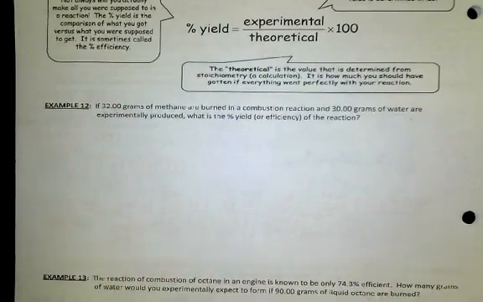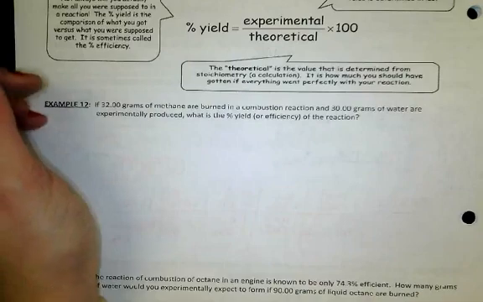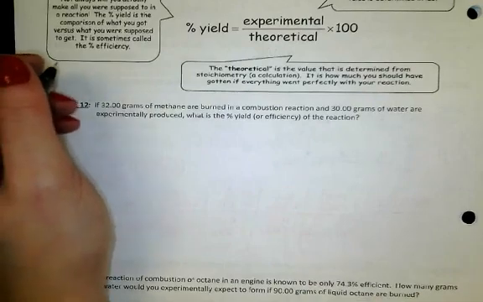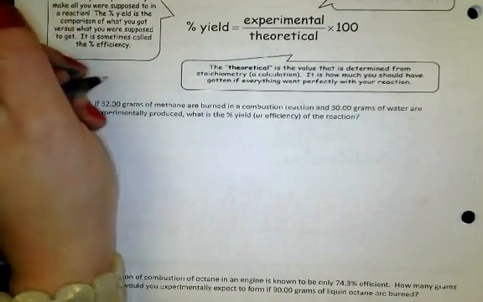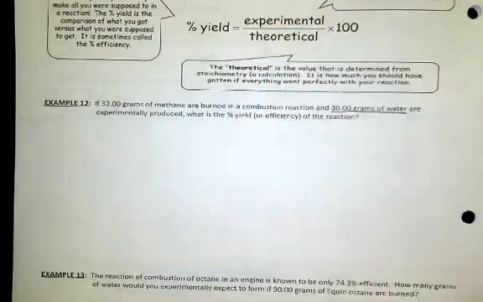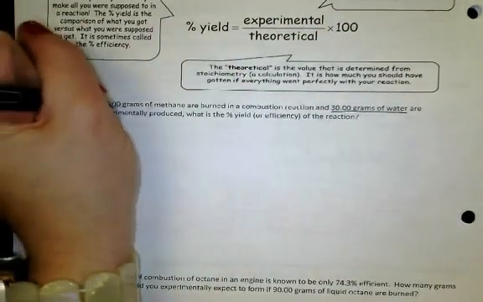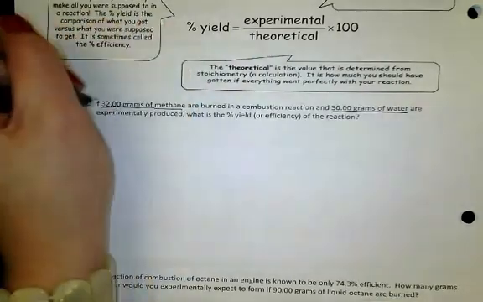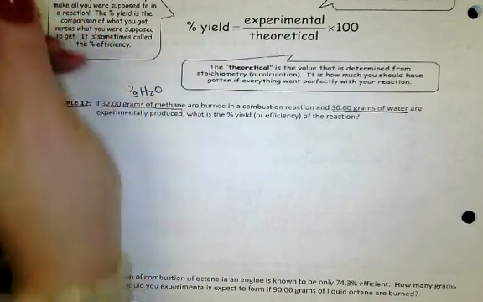Okay. So first, we need to figure out, it's given us that 30 grams of water was produced in the lab. We're given 32 grams of methane. So we need to figure out how many grams of water can be produced if I combust 32 grams of methane.